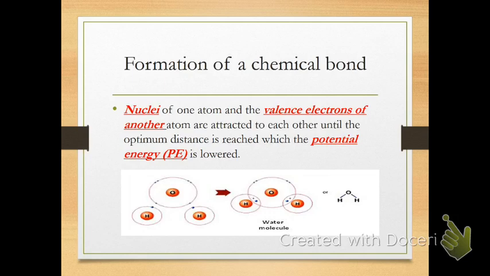They do so when the optimum distance is reached in which the potential energy is lowered or minimized. Nature will do this in order to lower the potential energy. Nature likes things in its lowest form of potential energy as possible. Okay? All right.